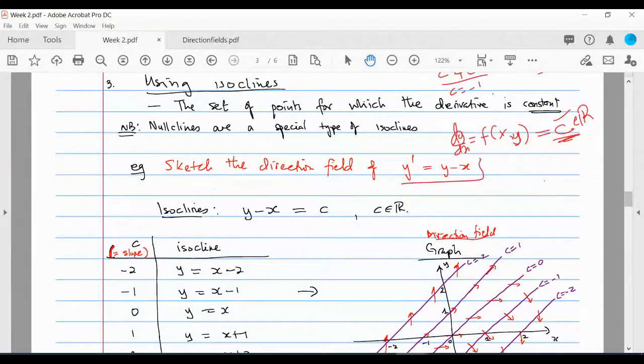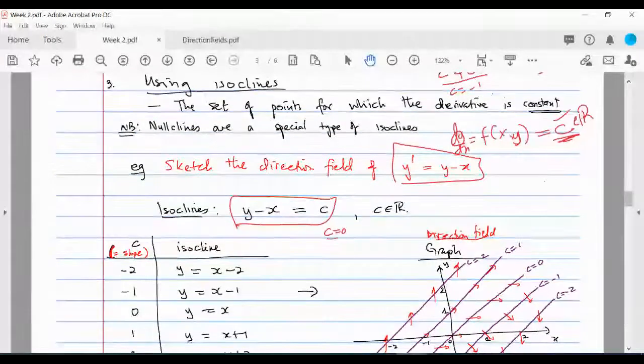With this particular equation, we have y plus minus x equal to c. Those are the isoclines. So we now have to draw isoclines by picking certain values of c. But make sure that you also include the nuclines, because they have a special character: solutions that hit them remain where they are.